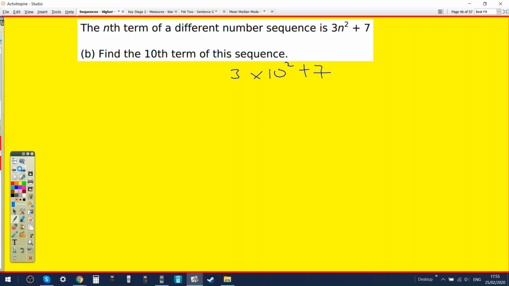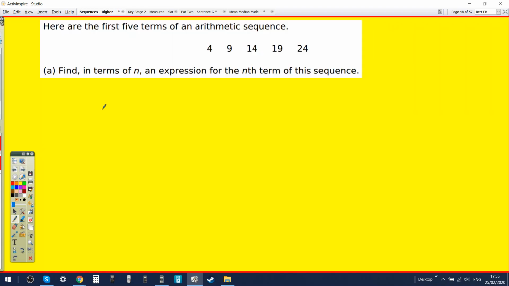Yes, and how do you find the nth term? You find how much it goes up by, which is 5, and then it would be 5n minus 1. Well done.